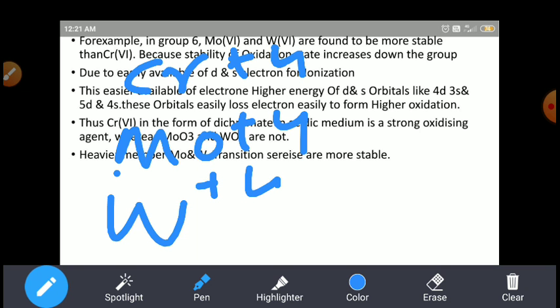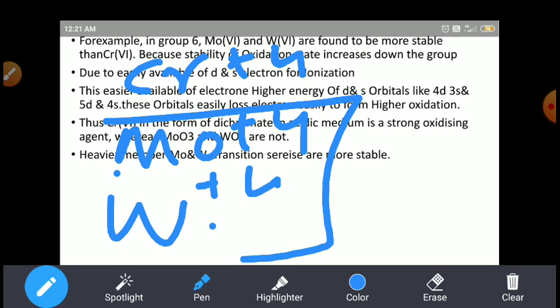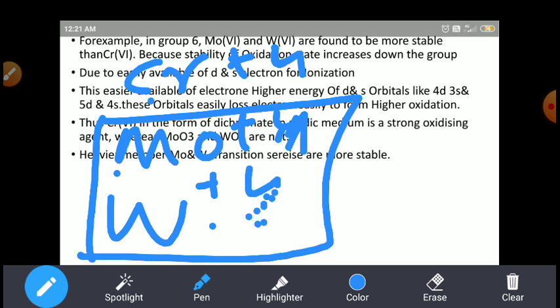But molybdenum and tungsten are both stable at the +4 state, whereas chromium +4 is unstable. Chromium is the unstable element here.